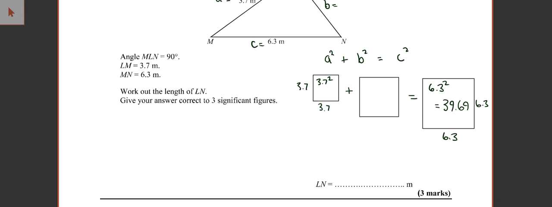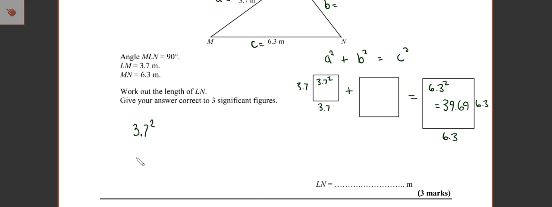So, to finish this one off, can you do the calculations for me? So, we do have 6.3 squared, which is 39.69. I don't have 3.7 squared. Okay.